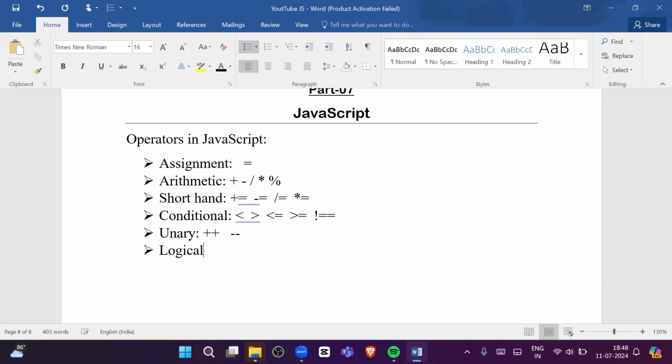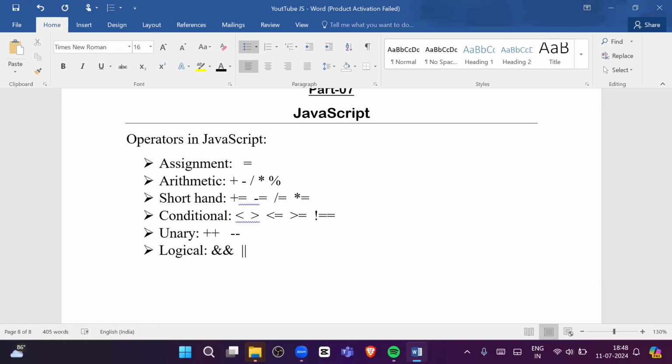Then we have logical operators. Logical operators are the double ampersand symbol, which is the AND operator, and the double pipe symbol, which is the OR operator.